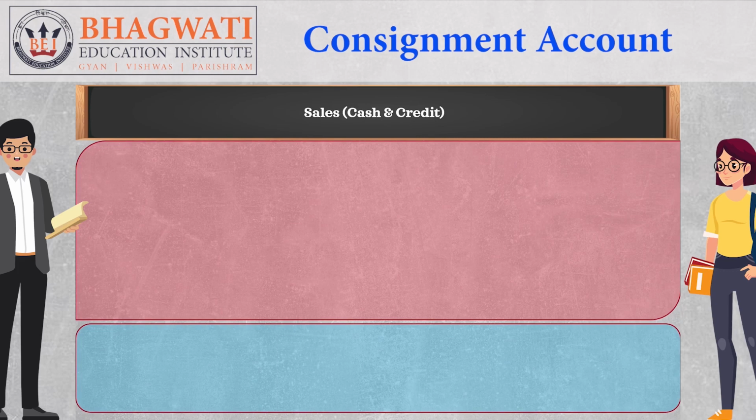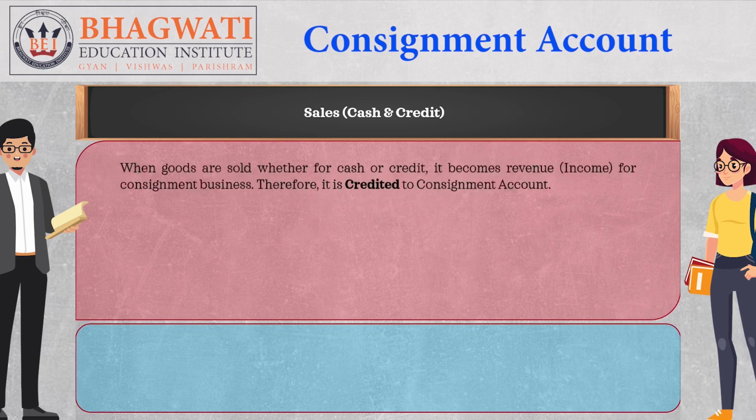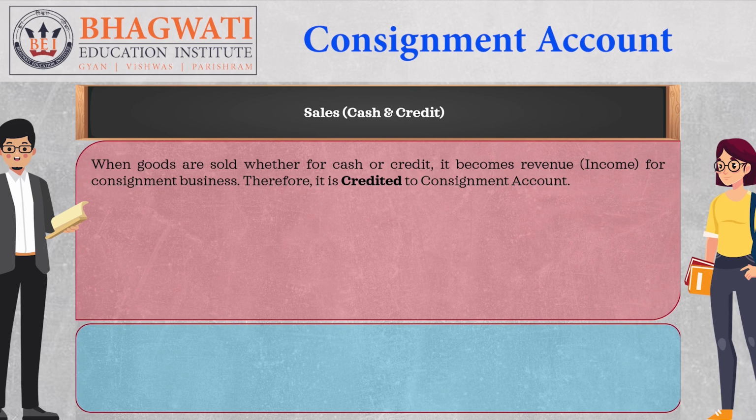The next transaction, sales, whether cash or credit. Now see, one thing is sure, whether goods are sold for cash or on credit, in both circumstances it is an income for consignment business. So it should be credited to consignment account. And what to debit? If goods are sold for cash, are we getting cash? No. Whatever cash is collected, it is collected by consignee.